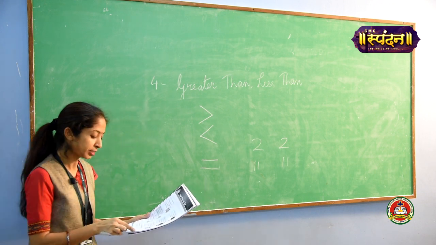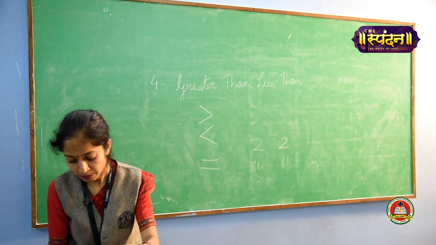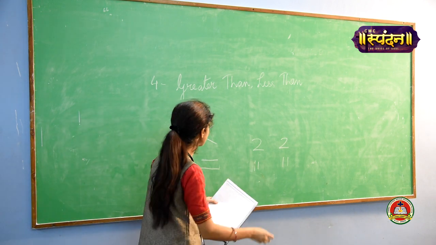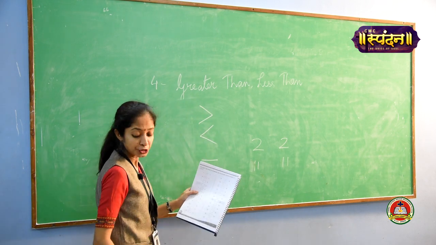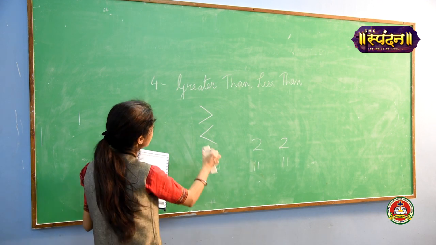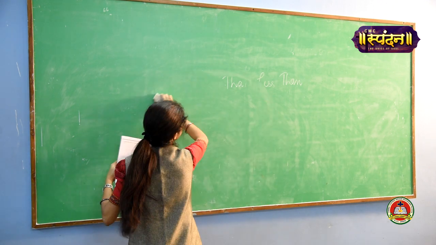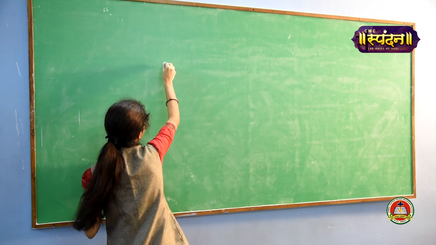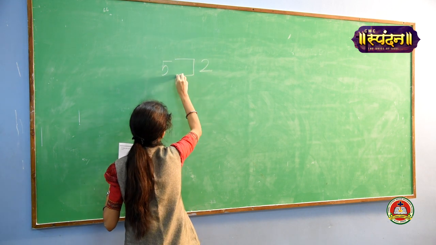Now coming to numbers, compare the pair of numbers and write the correct symbols. We have to use greater than, less than and equal to. First one is done for you, that is 5, 2, and here a box is given.